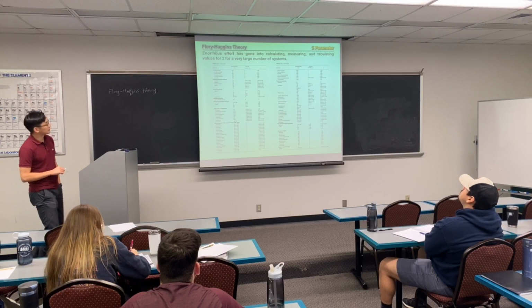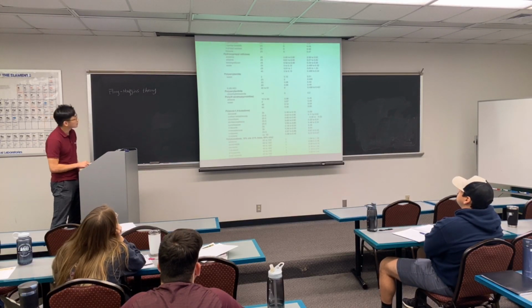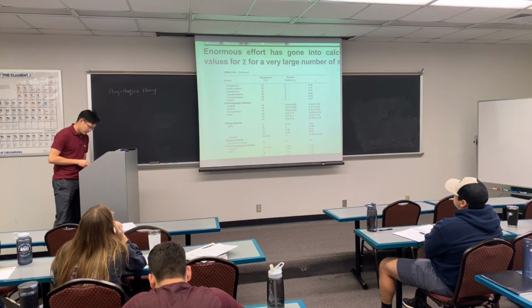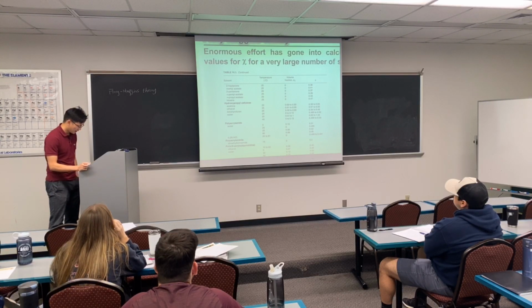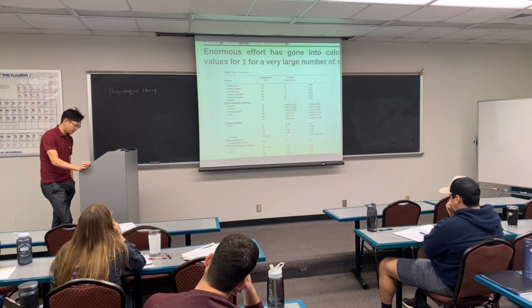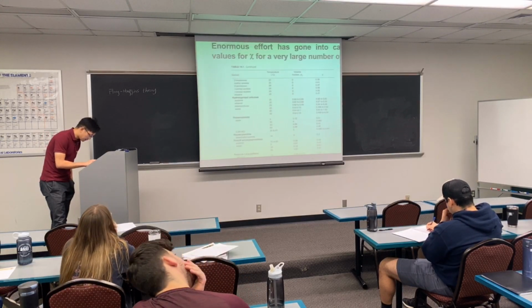Example is here. This may be a little bit hard to see. Let me zoom in. That's nice about a touch screen. So now you can look at several examples of chi parameter.